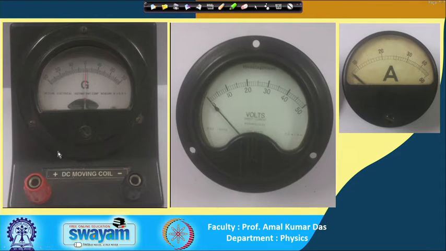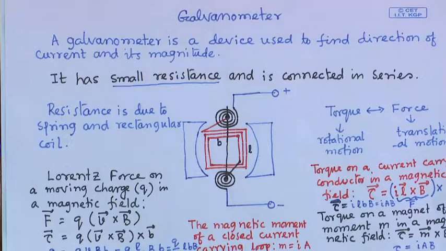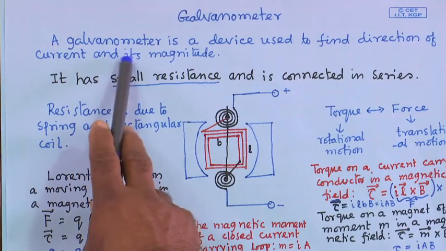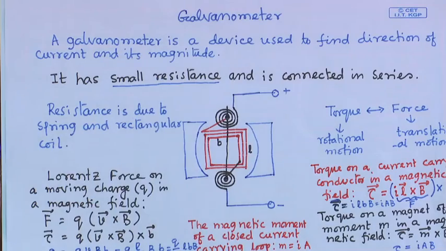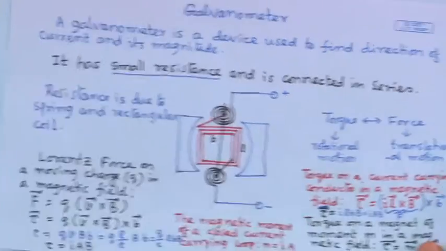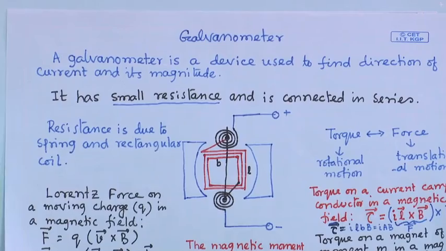So, what I told about the galvanometer: a galvanometer is a device used to find the direction of current and its magnitude.